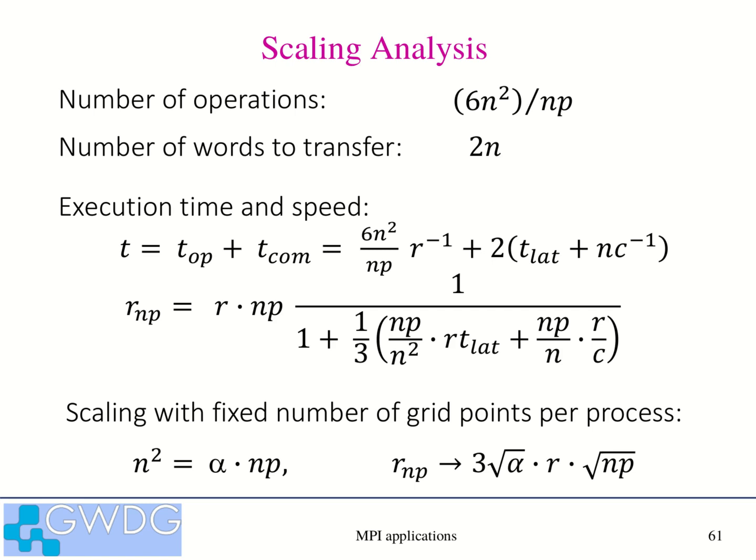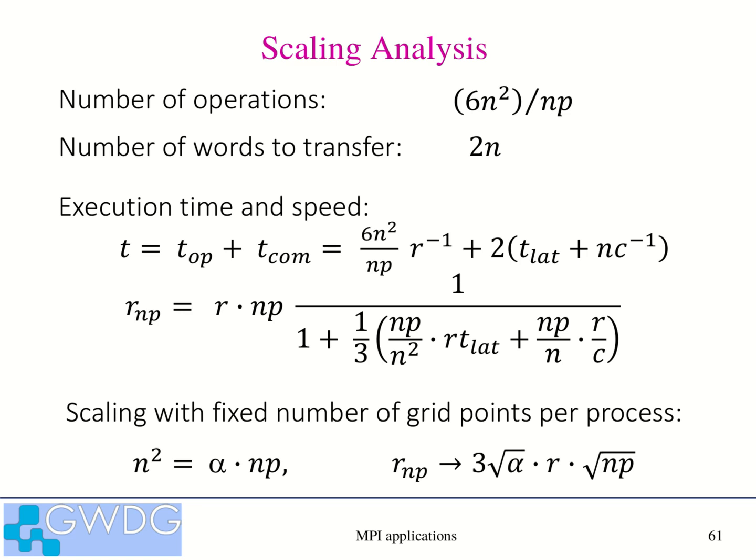I have here 2 pieces: NP over n square times the latency times speed, and then NP over n times the inverse bandwidth term. You see, one part is multiplied by the number of processes over n square, and the other by the number of processes over n, because we have an additional factor of n multiplying the communication time per word.